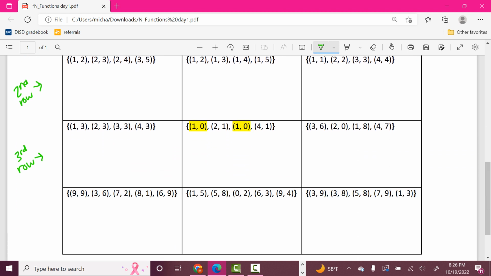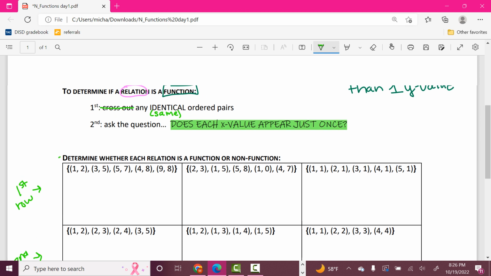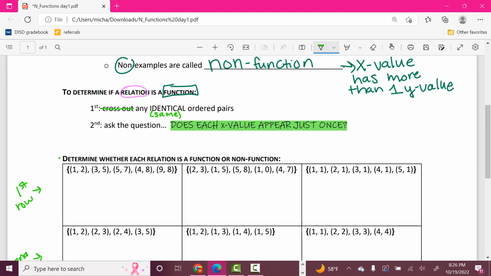So in the third row in the middle box, we can see that the ordered pair (1, 0) is used more than one time. So we're just going to cross out the second ordered pair because we've already got it listed. The second thing we do is ask, does each x value appear just once?